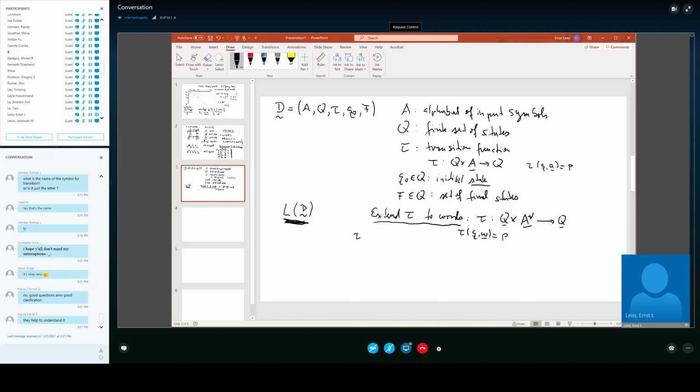This is our basis, tau of q and epsilon. Basically, this is inductively defined according to the length of the word. We have this word W that we're interested in, and obviously the shortest word is epsilon. And so what would you suggest should be the result of applying the empty word to a state?